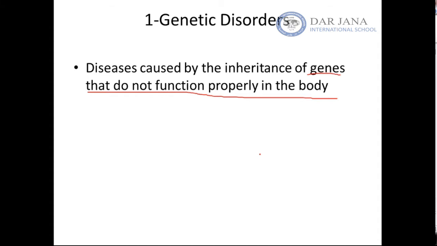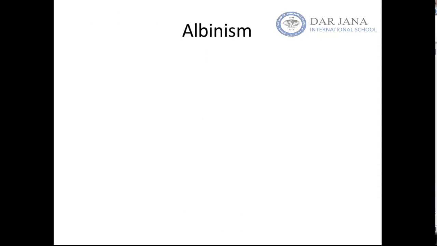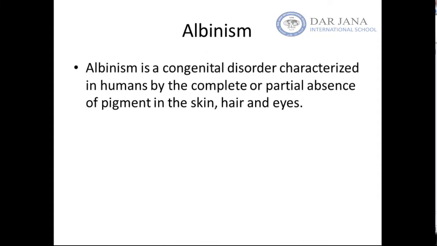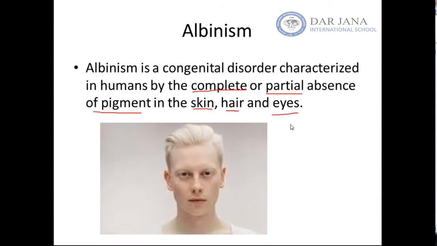So let us take first an example of that, albinism. Albinism is a congenital disorder characterized in humans by the complete or partial absence of the pigment that gives the color for the skin, the hair, and the eyes. And this image shows the absence of the pigment.